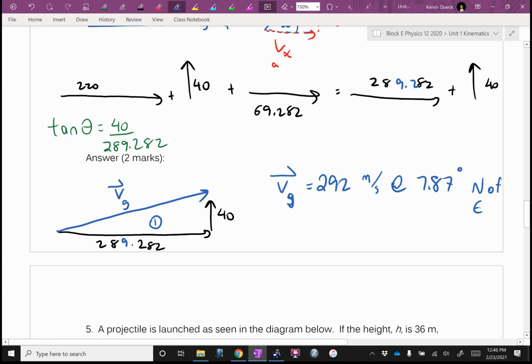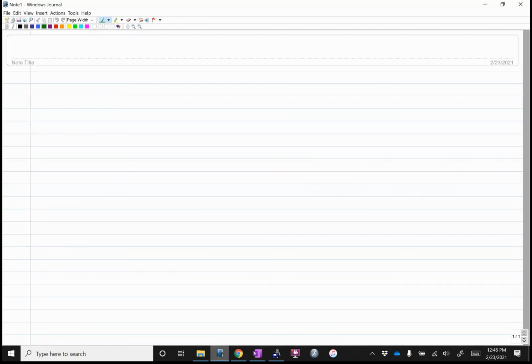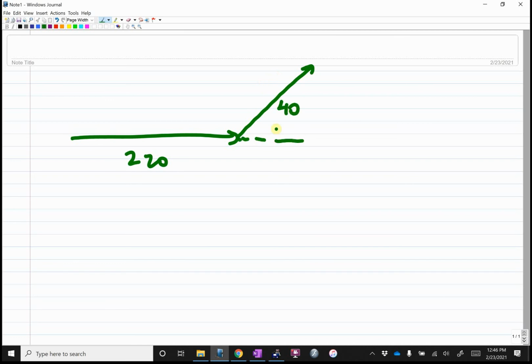Yep. So yeah, if you did it using the sine law and the cosine law, you would go like this. What was the original? 220 plus 40. This angle here is 30 degrees, so this angle here is 150 degrees. There's your resultant. And you can use the cosine law.